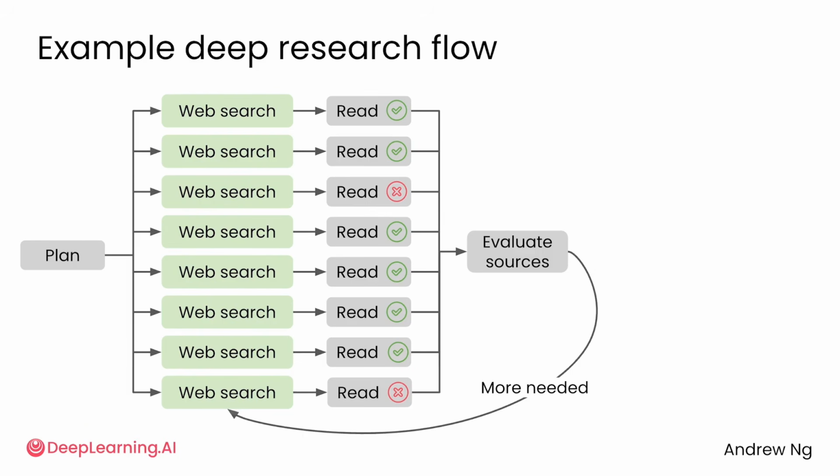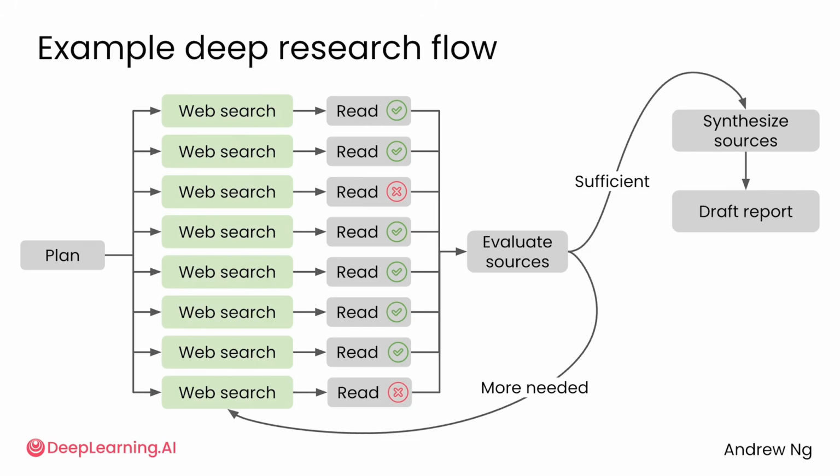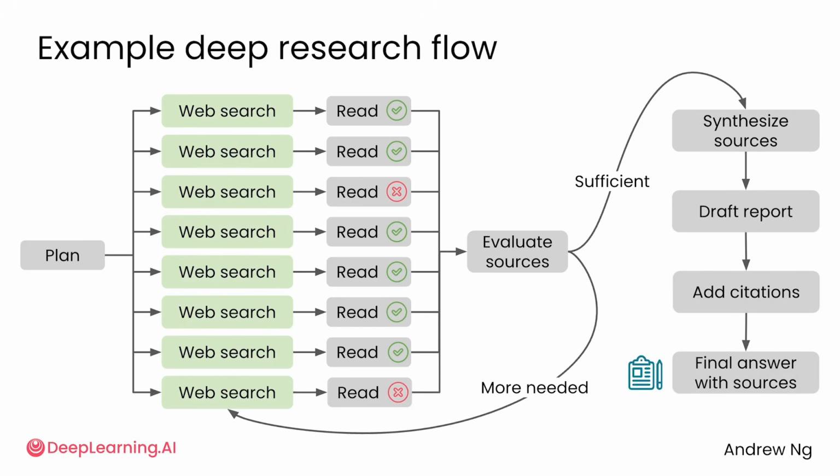Finally, after going around this loop a few times of doing web search, evaluating sources, deciding whether or not to go back to get more sources, it'll hopefully decide it's done. And then lastly, take all of the pages it has downloaded and maybe summarize and synthesize all that into a report that it adds citations to and that it then presents to you.